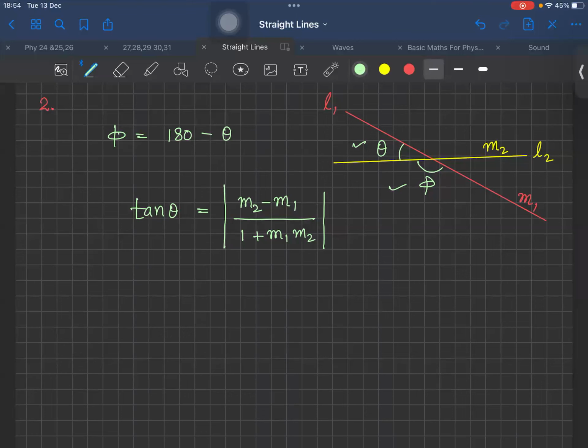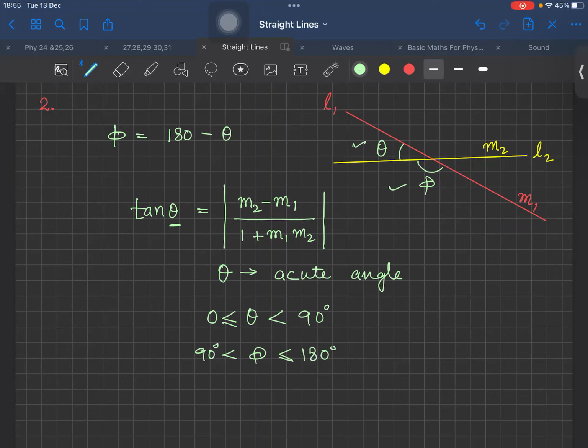Because theta is always the acute angle, let's write theta is acute angle. That means theta is greater than or equal to 0 but less than 90 degrees, and phi is greater than 90 degrees and less than or equal to 180 degrees. You have to understand this part.